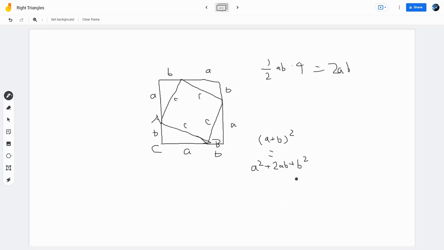If we subtract the area of these triangles, we're going to have A squared plus 2AB plus B squared minus 2AB, and of course that's just going to equal A squared plus B squared. But look at what that also equals. If we take this big square and remove all the triangles, what do we have left? We just have the square with the side of C, so we only have C squared. So A squared plus B squared is equal to C squared.